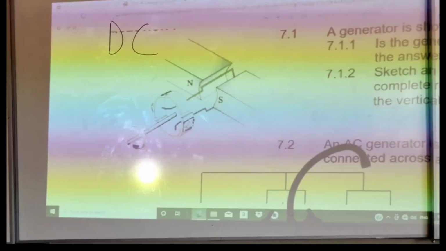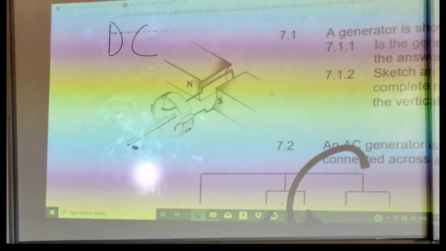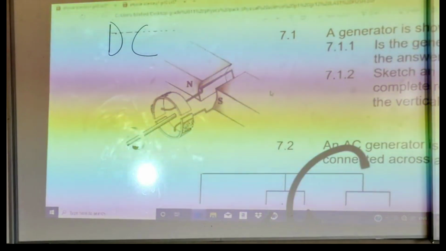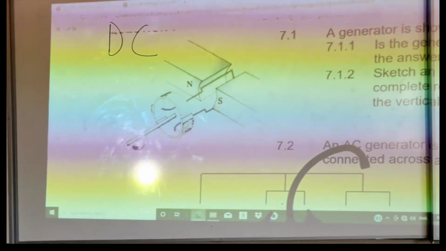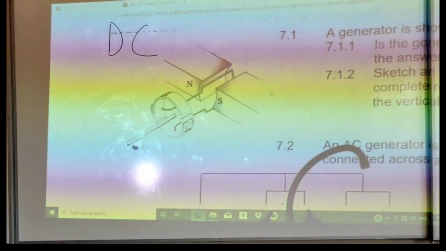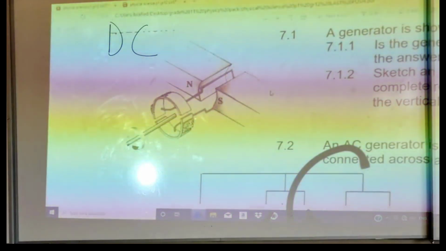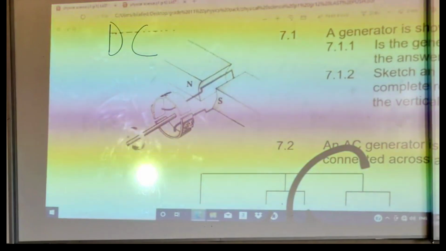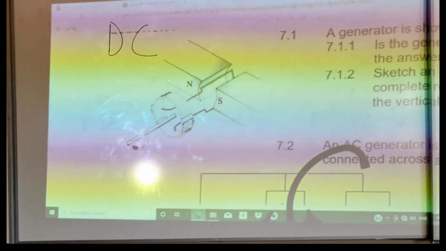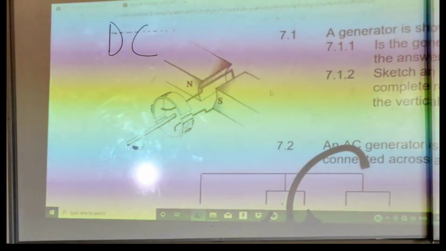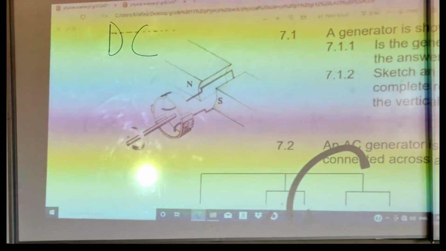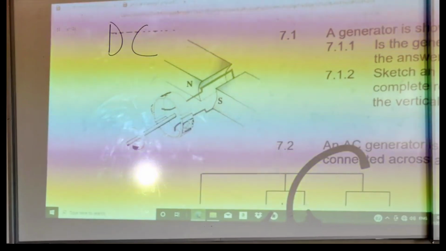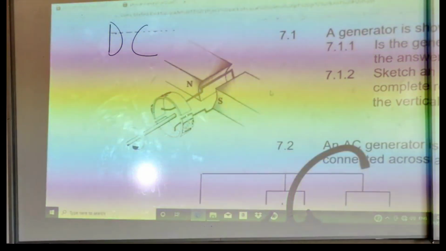Split. These rings that appear on the screen are split rings. Why? You can see that there are splits here. It is split into two. It appears as if there's a ring at the top, then it's split, then another ring at the bottom. So we call this a split ring because of this gap.